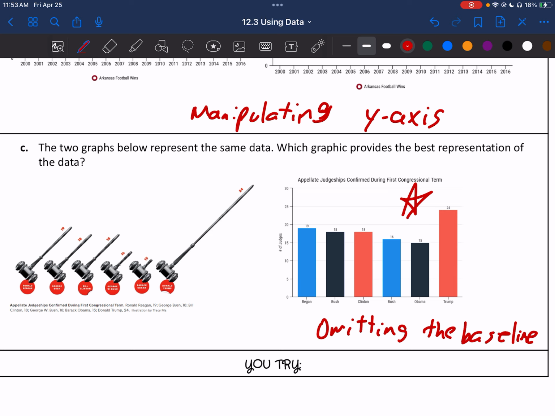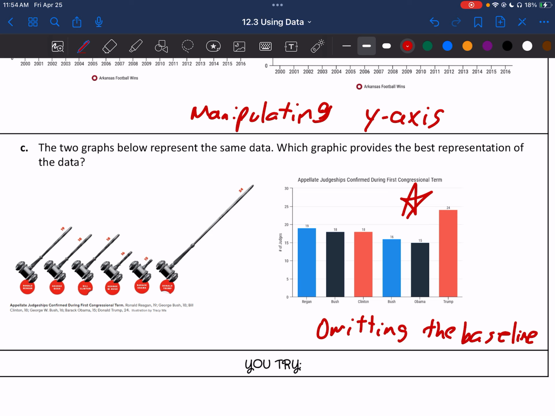But in reality, it's only 9 more judgeships. So by not including the origin, by not taking it to 0, we are misrepresenting the way the data looks, and it can be used to say Donald Trump had this outsized impact on the appellate court that he didn't really have. He's at 24 and Ronald Reagan's at 19.